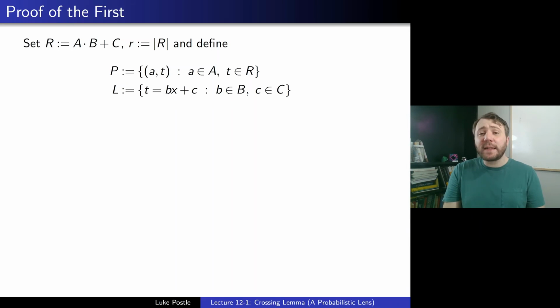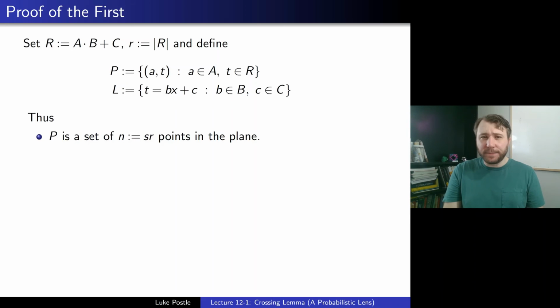And the lines will be t equals bx plus c, where b is in B and c is in C. So b will be the slope, and c will be the y-intercept there. That's natural, as ab plus c is of that form. So you think of a as the variable, b as the slope, and c as the intercept.